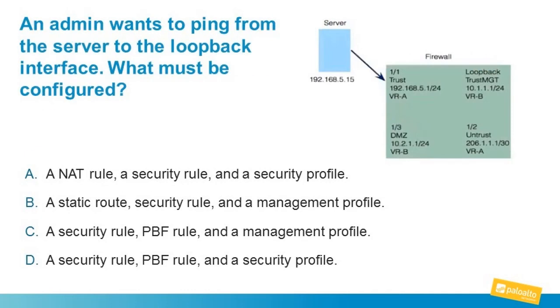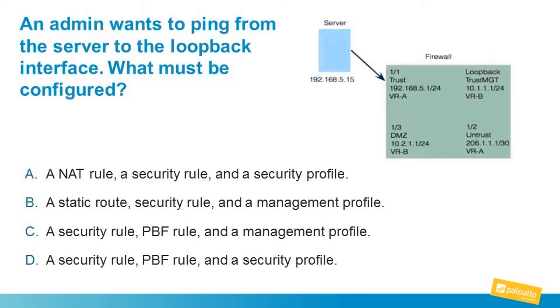Next question. If an administrator wants to move traffic from the server to the loopback interface, what has to be configured to get this traffic to work? Looking at this, we have traffic coming from some server or desktop at 192.168.5.15.